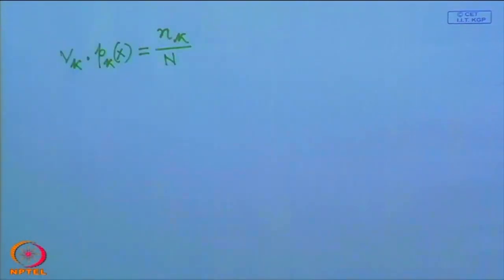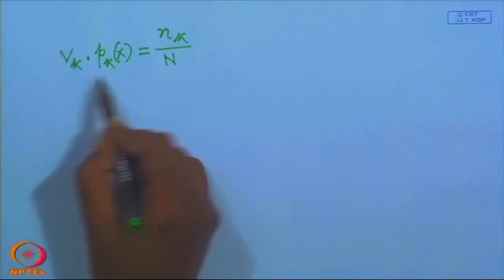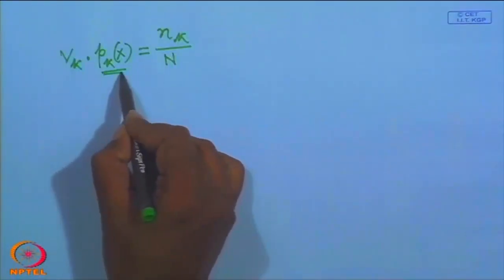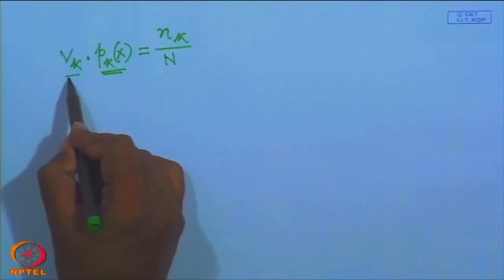Now, here you find that I can draw an analogy from the one dimensional case or the two dimensional case. In case of one dimension, we said that the area under the probability density curve has to be equal to 1. In case of two dimensions, we said that the volume under the probability density surface has to be equal to 1. Now, following the analogy, this is my probability density value within the kth bin, and this is the volume of the kth bin.